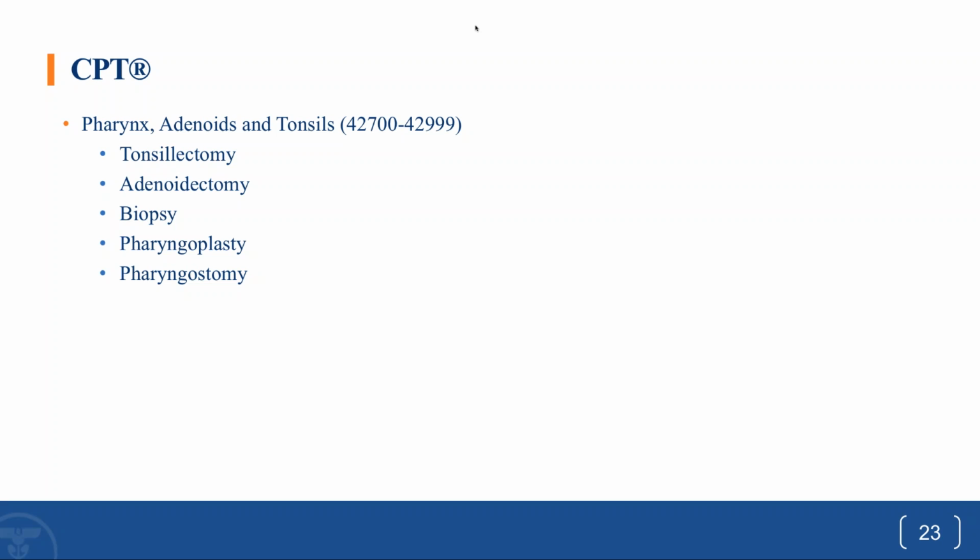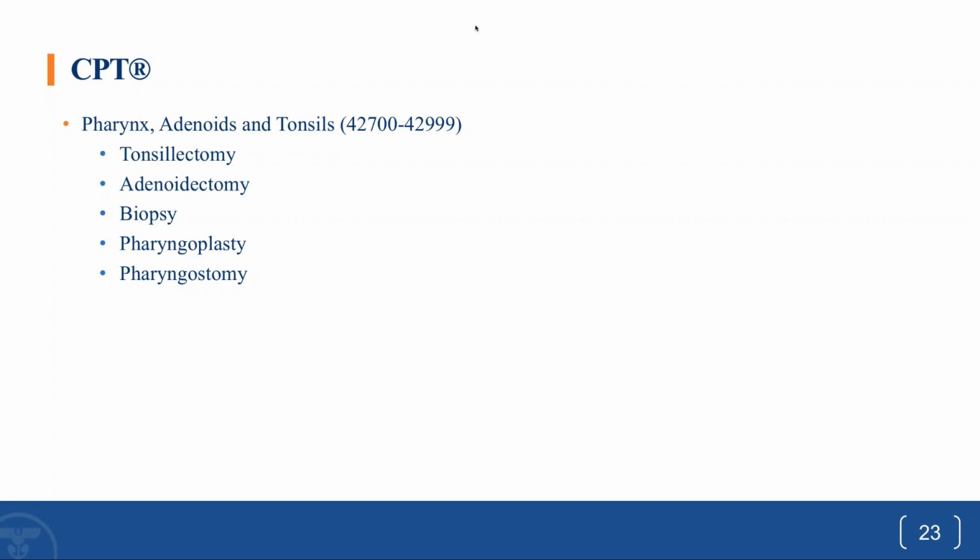What would my CPT code be? Okay, before you say 42820, make sure that you're looking to see if it's just a tonsillectomy by itself. I know you got the age part right, but all I'm looking for is just the tonsillectomy.